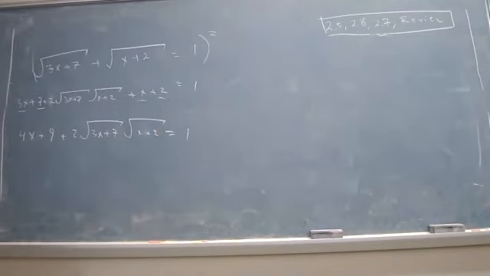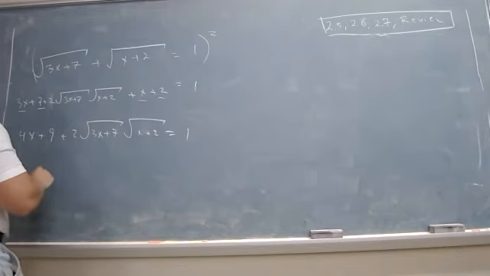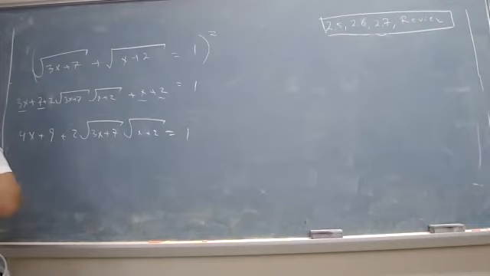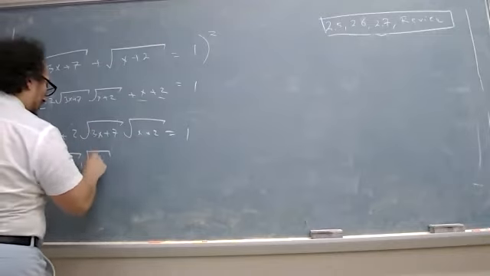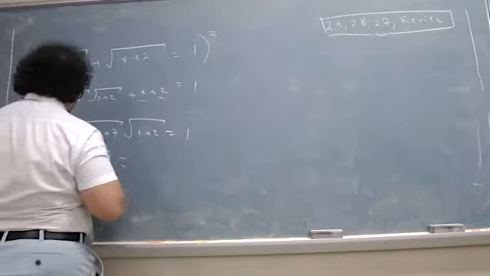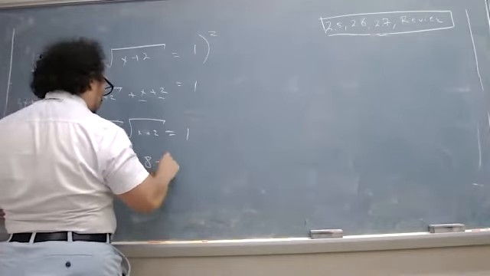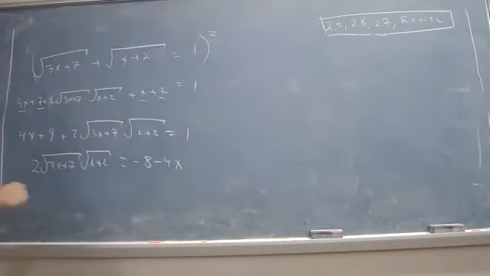Then I can send that 9 packing to the other side of the equation. Actually, I'll send that 4x over as well. So I'll get 2 square root of 3x plus 7 square root of x plus 2 is equal to negative 8 minus 4x. When I subtract the 9, it becomes a negative 8, and then there's my negative 4x there.